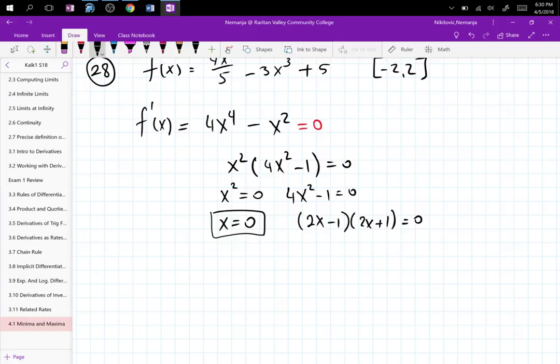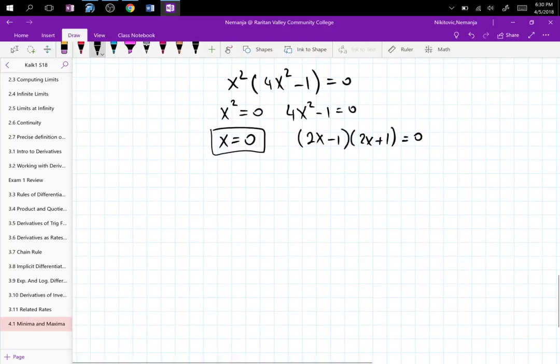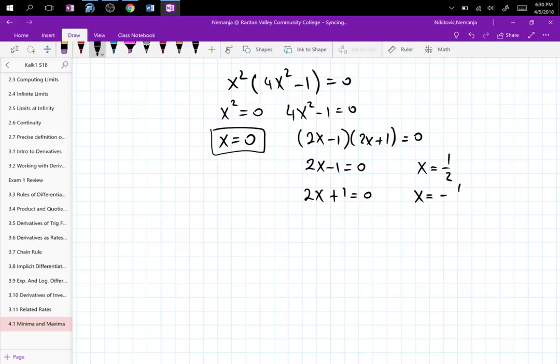Setting each parenthesis equal to 0, 2x minus 1 equals 0 gives x equals positive 1/2, and 2x plus 1 equals 0 gives x equals negative 1/2.